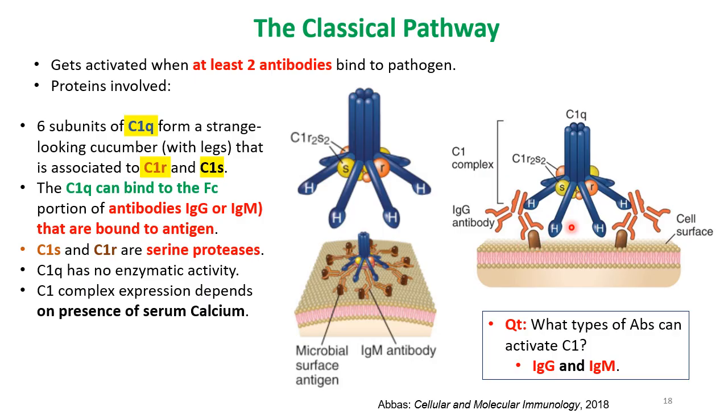So same thing, when you have the conformational change, this is when you're going to get activation of your serine protease. Okay. Now, important thing to know, there are only two classes of antibodies that are very important for activation of this pathway. Okay. They are IgG and IgM.